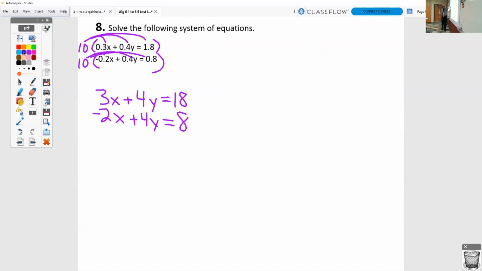Now we have a 4 and a 4. The opposite of 4 is -4. So 4 and -4. To make those opposites, I'm going to multiply that bottom equation by -1. Distribute, distribute, distribute. Go ahead and solve the rest of this one on your own, please. You don't have to do the check.